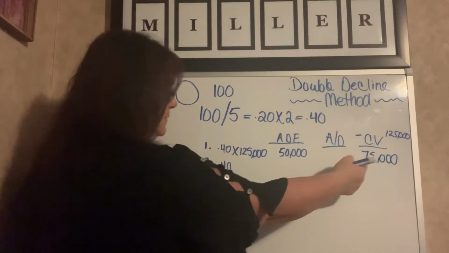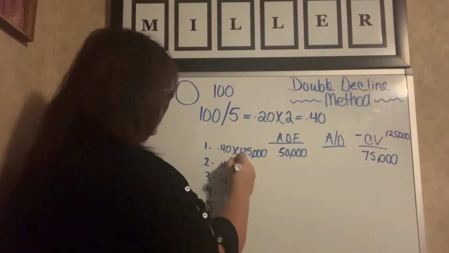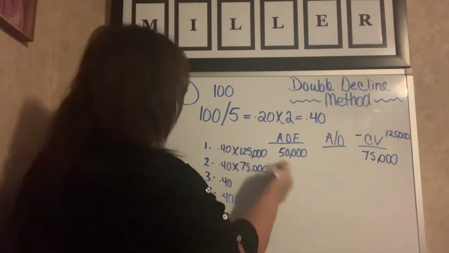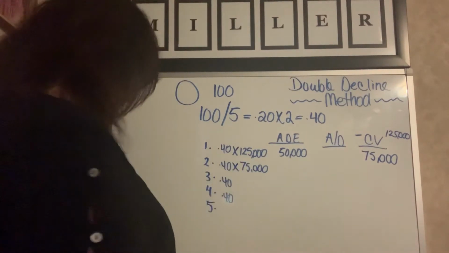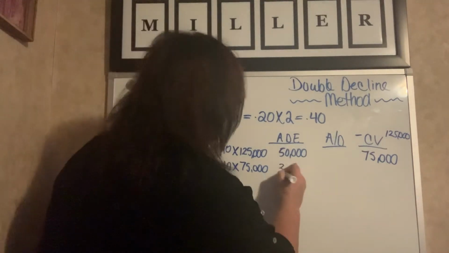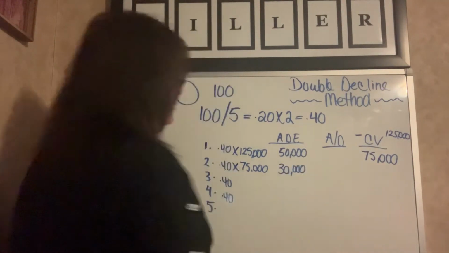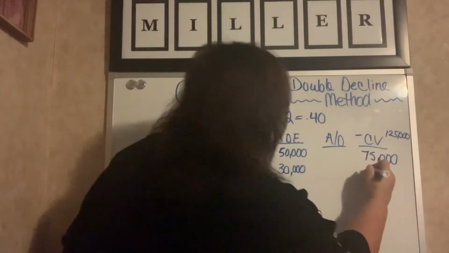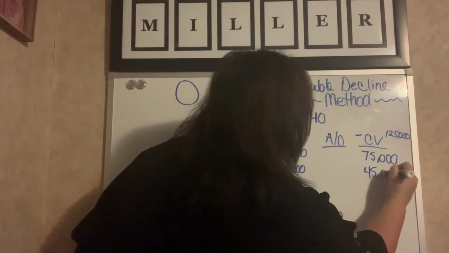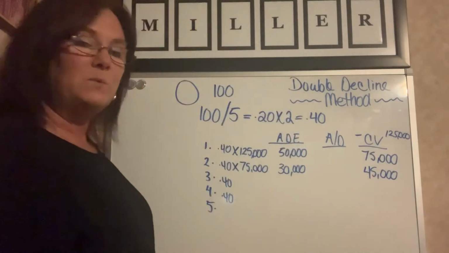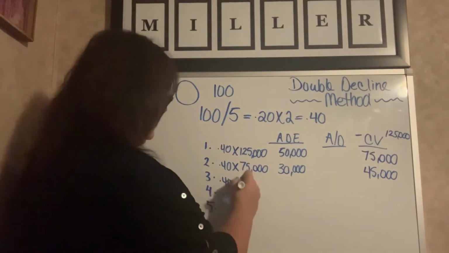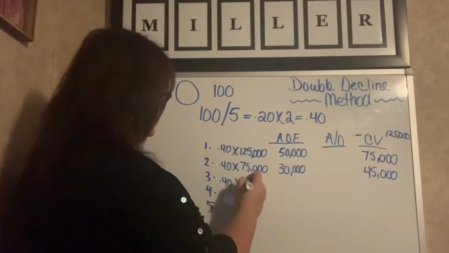You slide that number right over here and multiply the next one by the current value, which is 75,000. 75,000 times 0.40 equates to 30,000. Carrying value minus 30,000 is 45,000. See what we're doing? We're bringing your carrying value over every time and multiplying it by this 0.40.